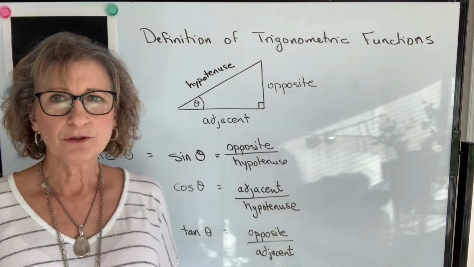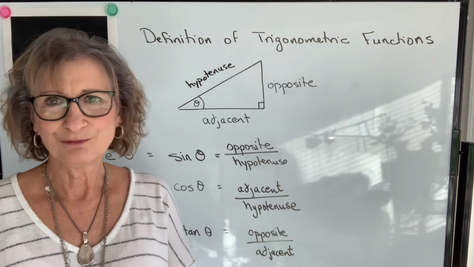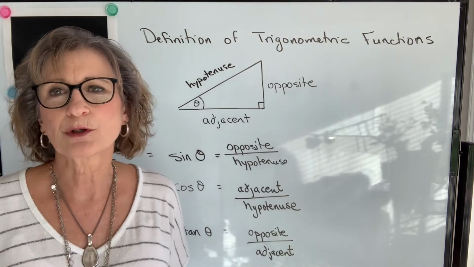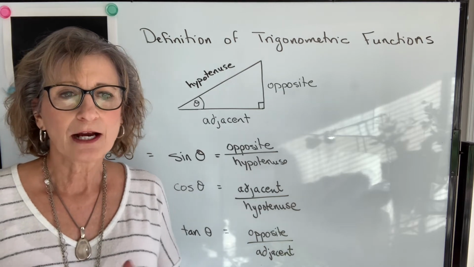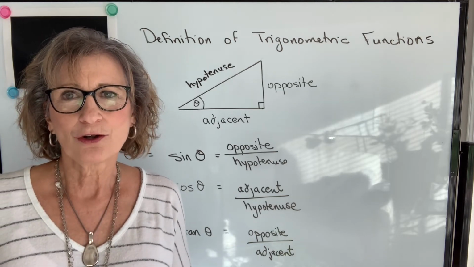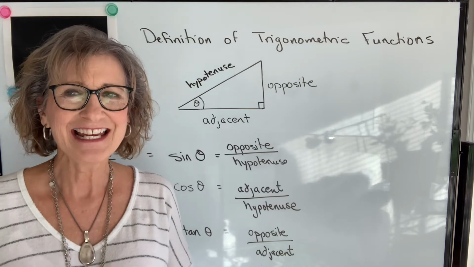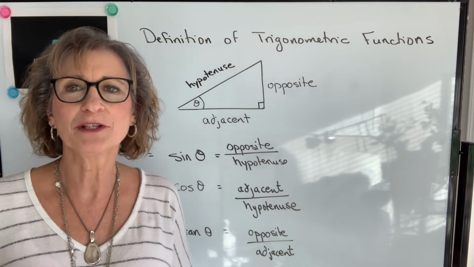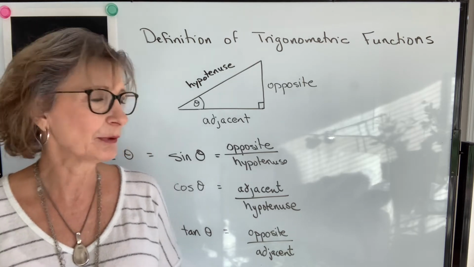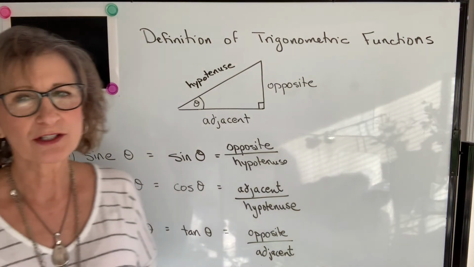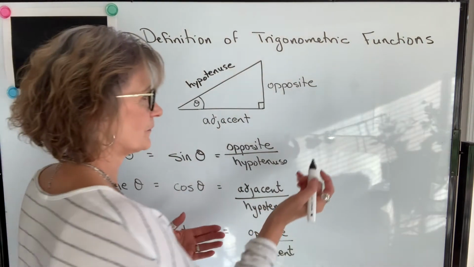And many of you will learn through your teacher or a textbook or whatever, a little acronym to help you remember this called SOHCAHTOA. And it's not easy to remember, but if you hear it enough, it may help you remember. And what SOHCAHTOA means is it's sort of the first letter.